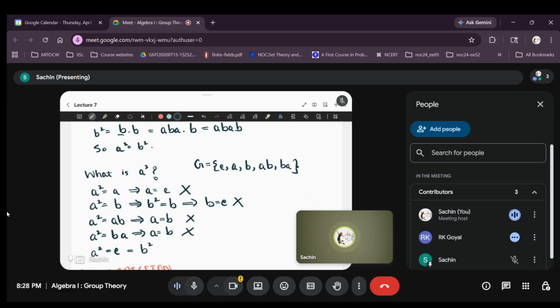For S3, I gave you an example of a non-abelian group. The group S3, set of bijections from 1 to 3 to 1 to 3. So to prove it is not true, just the counter example is enough.